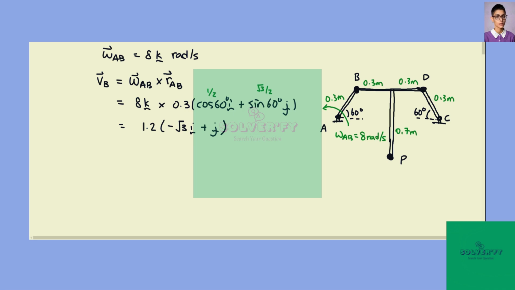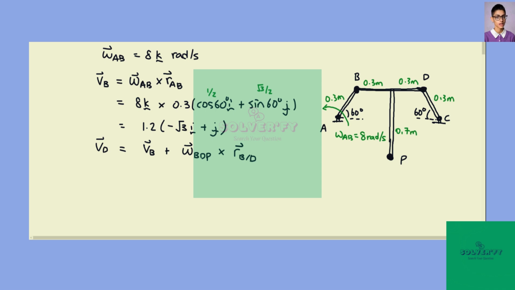Then we can find VD, because finding VD allows us to find omega. VD is VB plus omega BDP cross RVD.